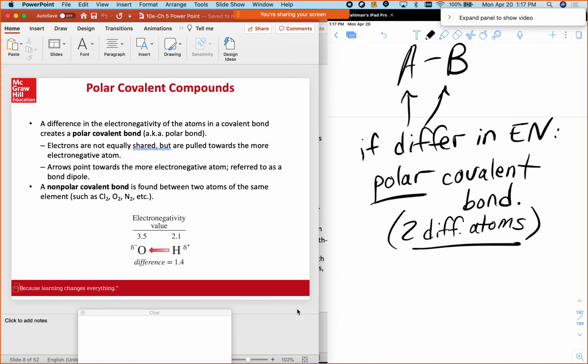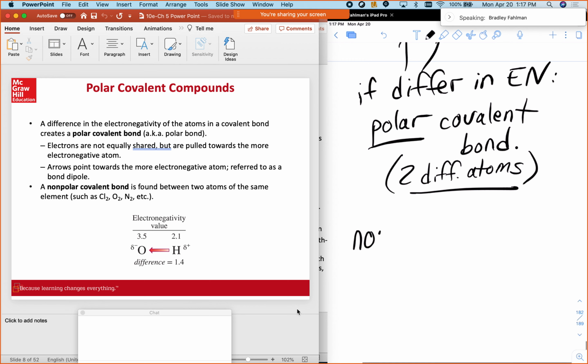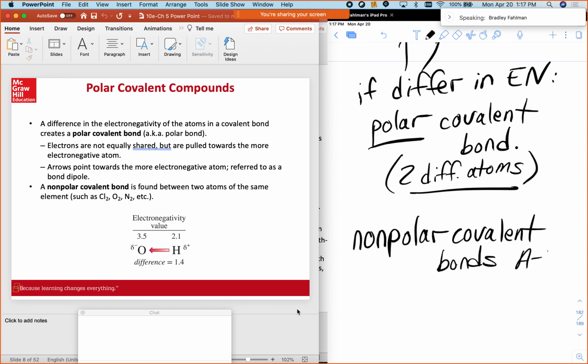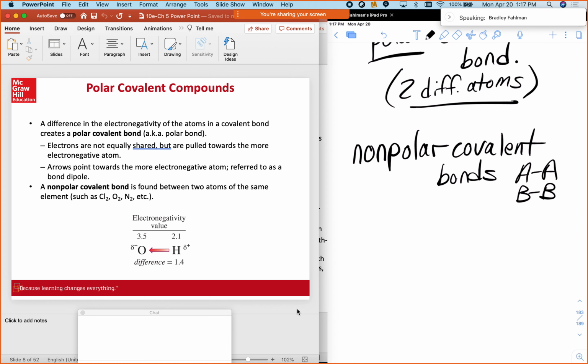Okay? The only examples of nonpolar covalent bonds are if you have the same thing. Okay, AA or BB. Or for actual examples, it's all of our homonuclear diatomic molecules.